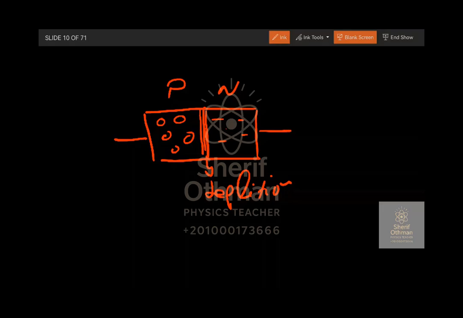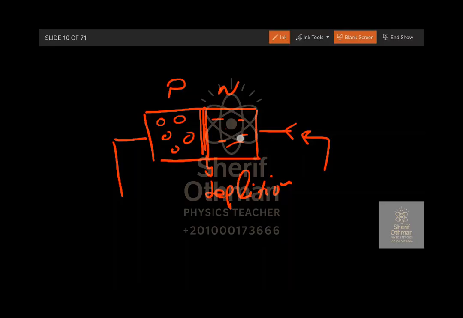By increasing the thickness of this depletion region, the electrons will not be allowed to move from one side to another, so there is no flow of electrons. By decreasing this area, the electrons will be allowed to pass from one side to another. If I'm connecting the electrons from this side, the electric current is moving here and the electrons are entering the PN junction from the N side.